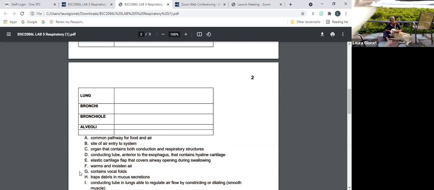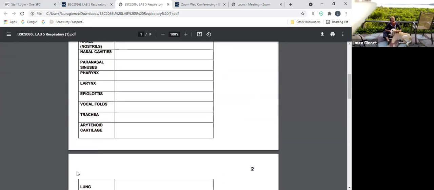And we said that they warm and moisten air, helps trap pathogens, adds resonance to your voice, lightens the skull. So there are some other functions as well. G contains the vocal folds. That would be the larynx.